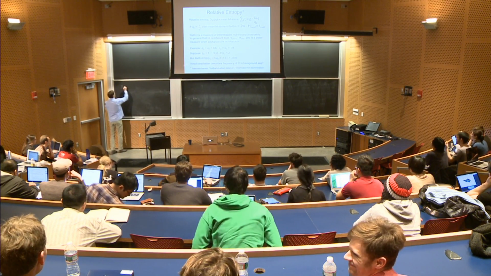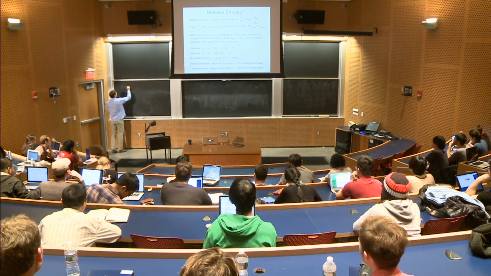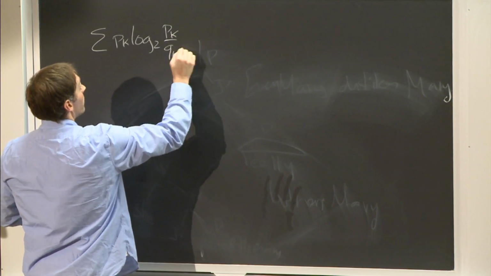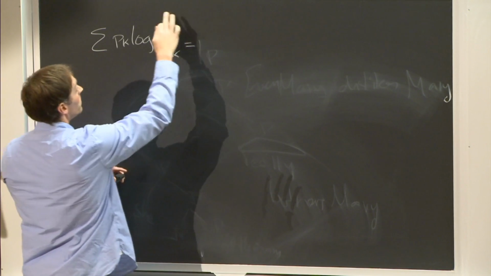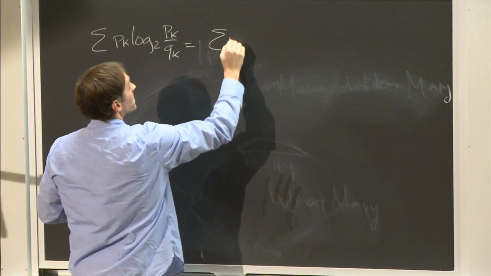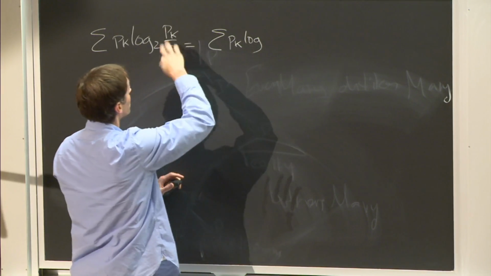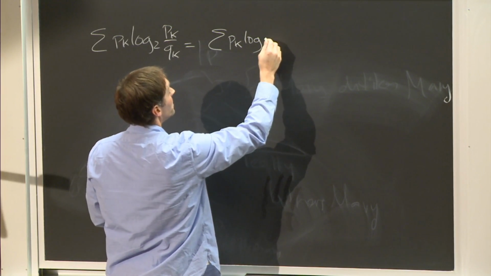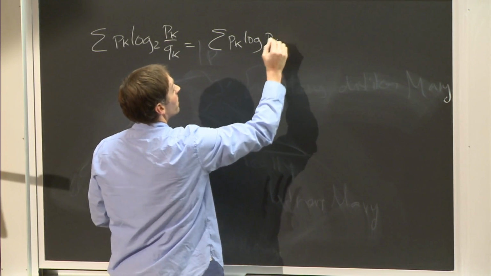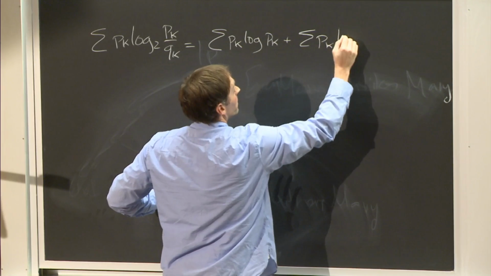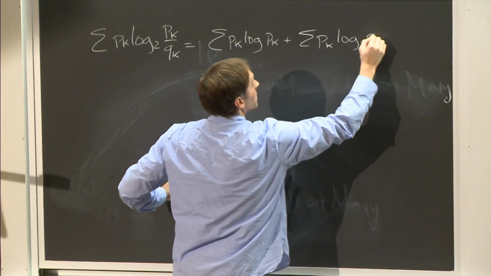So, summation PK log PK over QK equals, so you rewrite it as a difference. The log of a quotient is the difference of the logs, so summation PK log PK minus summation PK log QK.